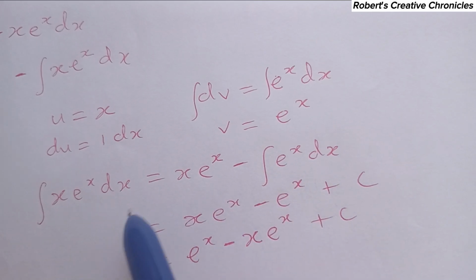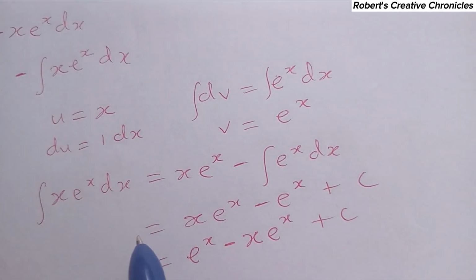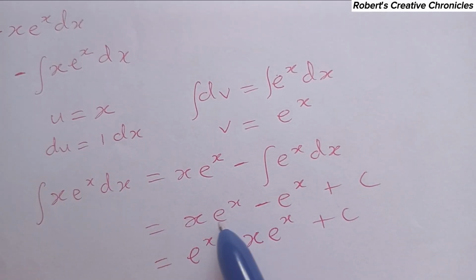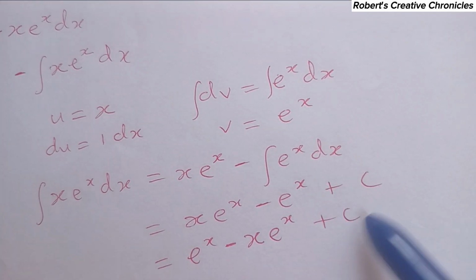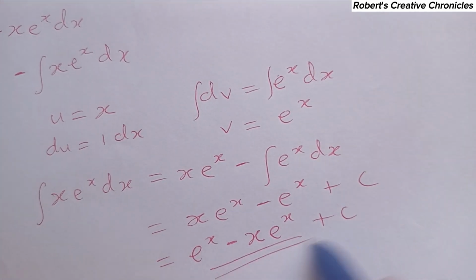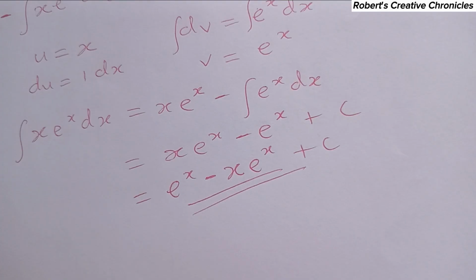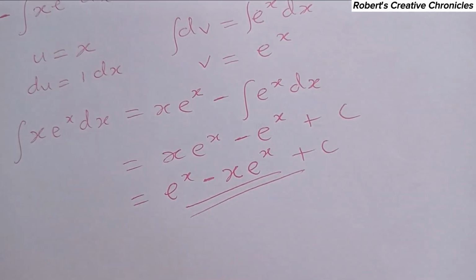Actually you are supposed to, after you put it, since there's a negative, if there was no negative, this would have been the answer. But since there's a negative, you have to open this bracket with it before you put the c. So this is the answer. We'll substitute this back in the equation.